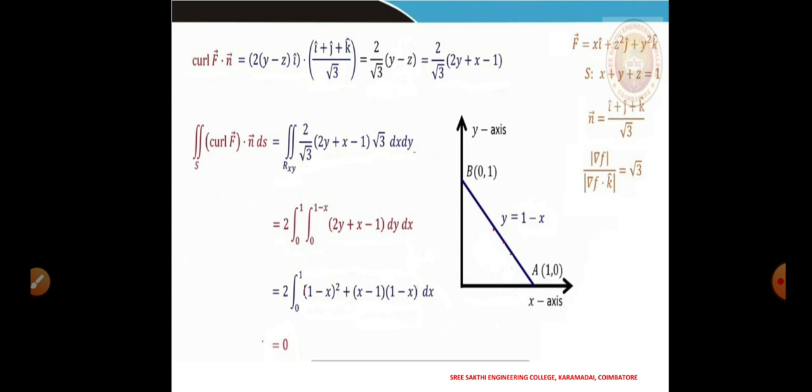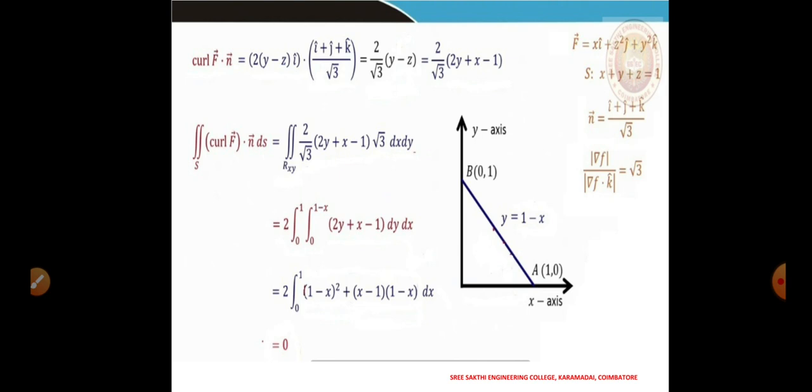So we have this in the region, and then we can do the surface integral. The surface integral converts to an area integral over xy. So the double integral of 2 by root 3 times (2y plus x minus 1) times root 3 dx dy is the area integral.